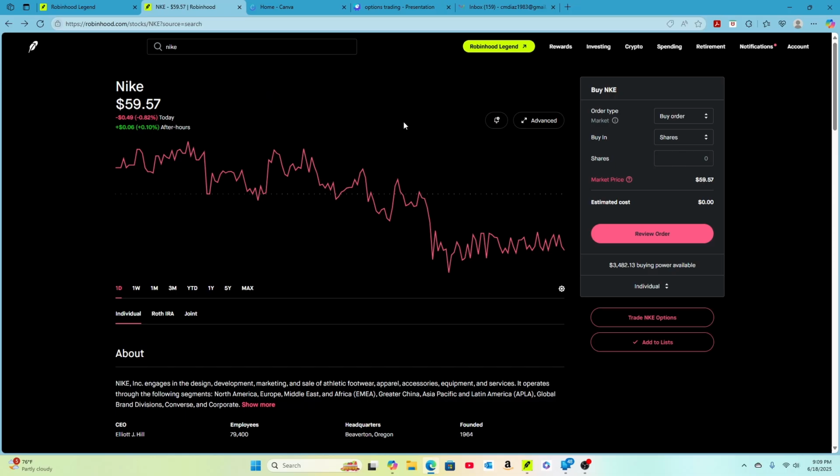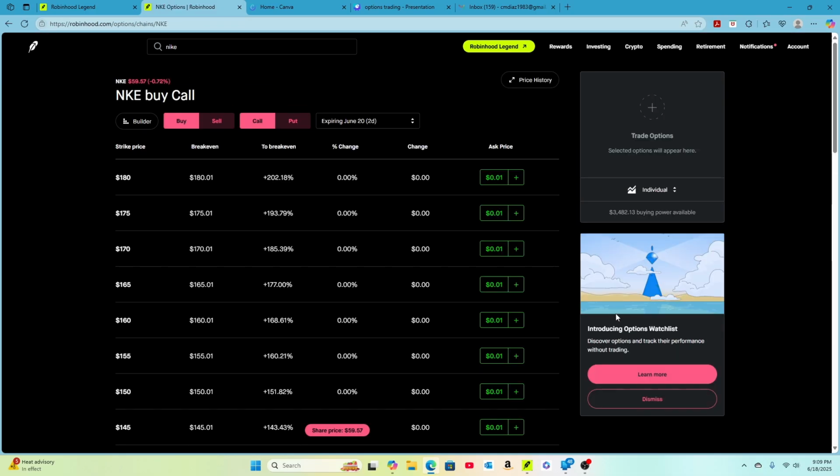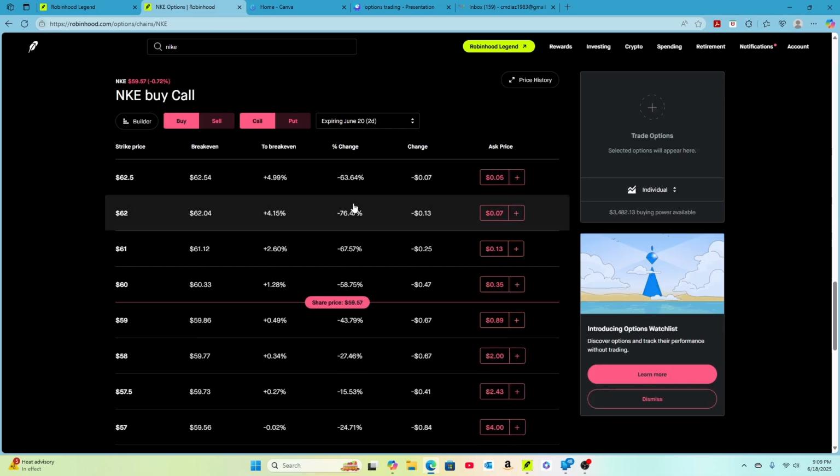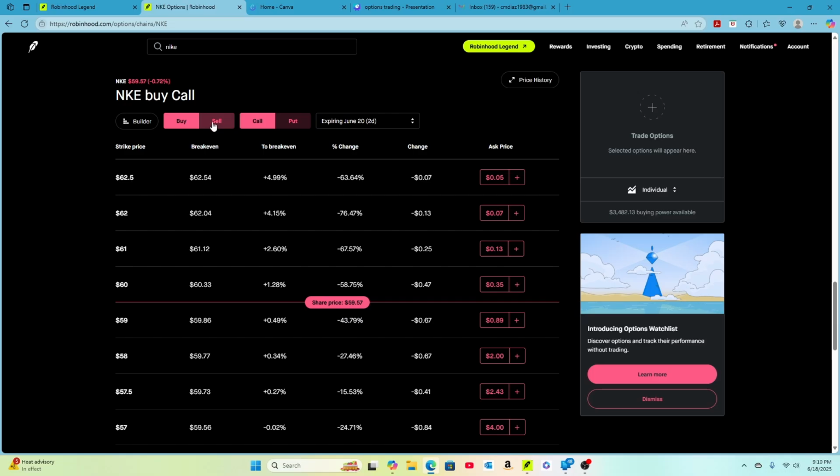All right, so here we are on Robinhood. This is ticker symbol NKE for Nike. We are going to do an options trade on this. On here, you will go to Trade Nike Options, and it's going to bring you to another screen. And it's going to give you the option to buy, sell, call, or put.